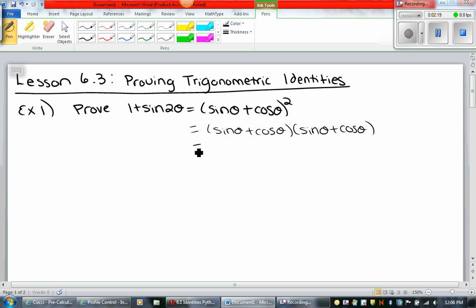Okay, so sine times sine is sine squared theta, plus sine theta cosine theta, plus sine theta cosine theta, plus cosine squared theta. Okay.